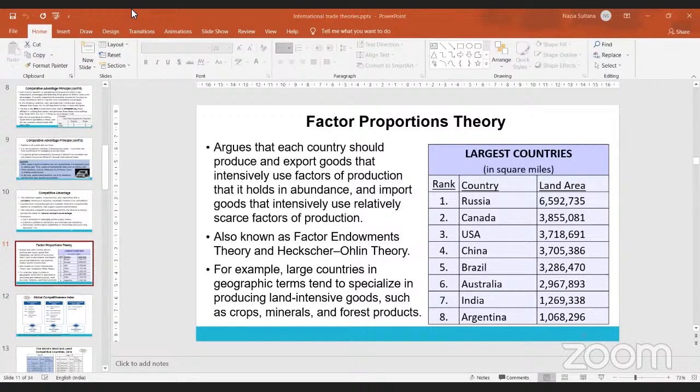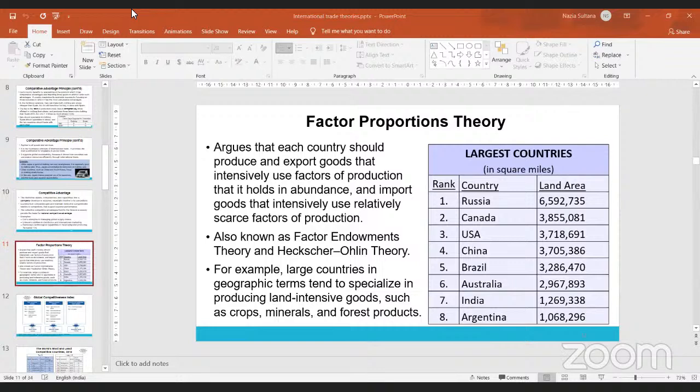Based on cultivated land they can produce crops, or they can search for minerals and forest products, and utilize the land intensity of that factor. Like how India has huge labor, which is cheaply available here and also very skilled. So let India engage in activities which are labor intensive and produce labor intensive goods.